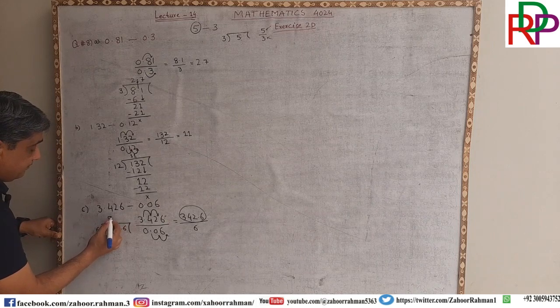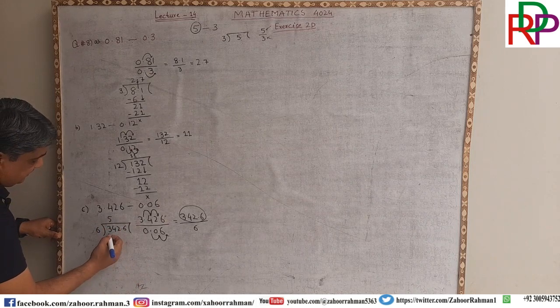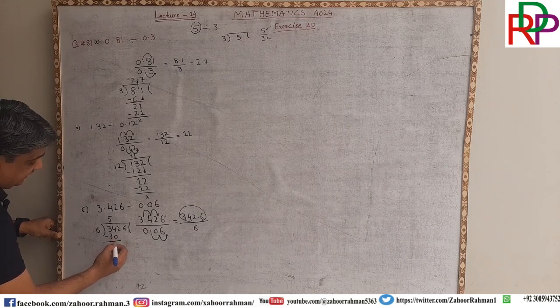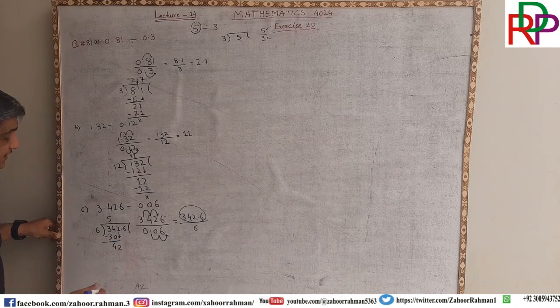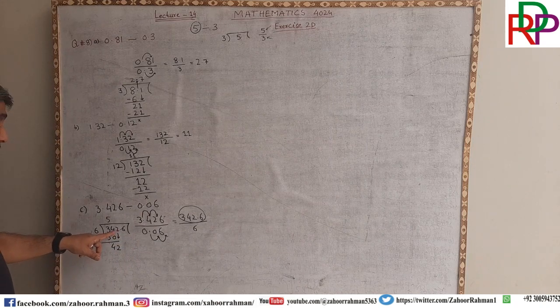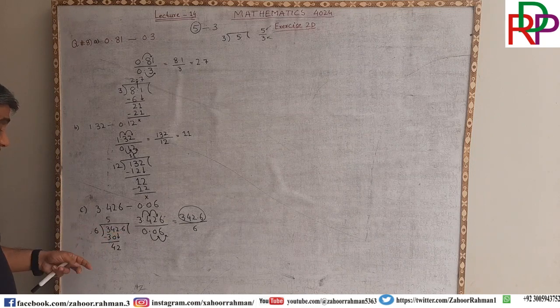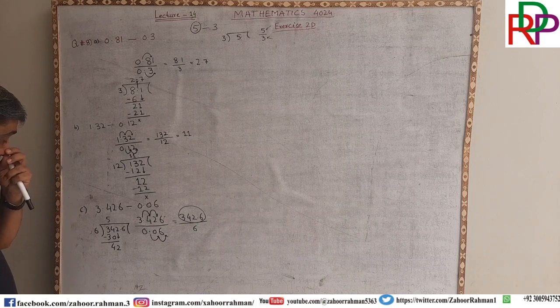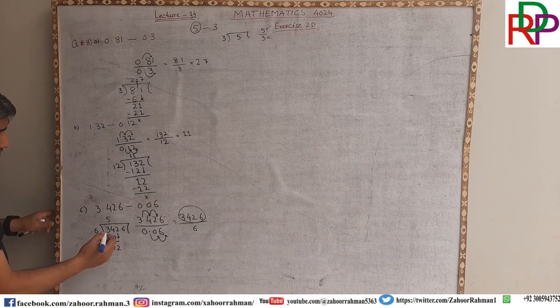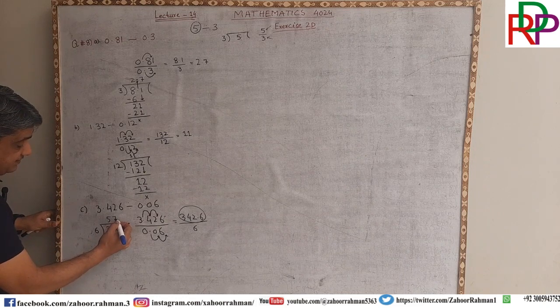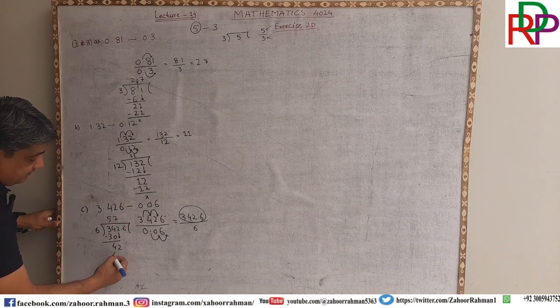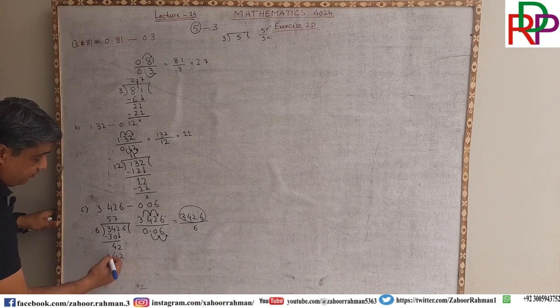Here I am doing simple division. 6 fives are 30, when I subtract, 4 so 2 will be there. Ladies and gentlemen, so far we don't have to deal with this decimal because its position is not reached during the division. So it is 7. 6 sevens are 42.